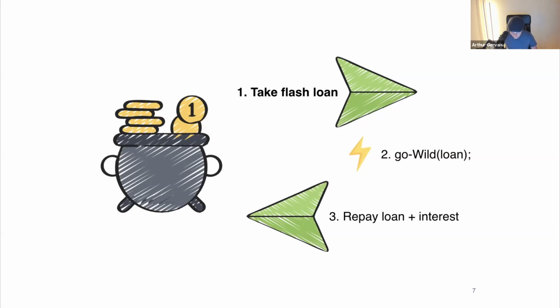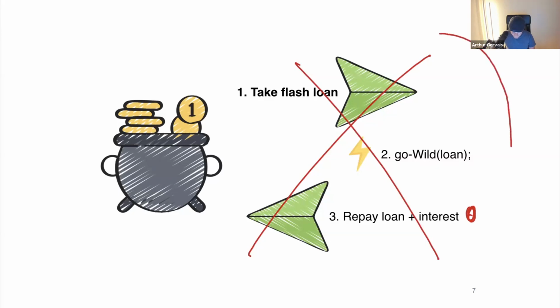If you don't meet this condition, then the entire loan will basically be discarded. All of these three steps happen in a single atomic transaction, and either they happen atomically or they don't affect the Ethereum state. So if the transaction is reverted, the Ethereum state is not modified.